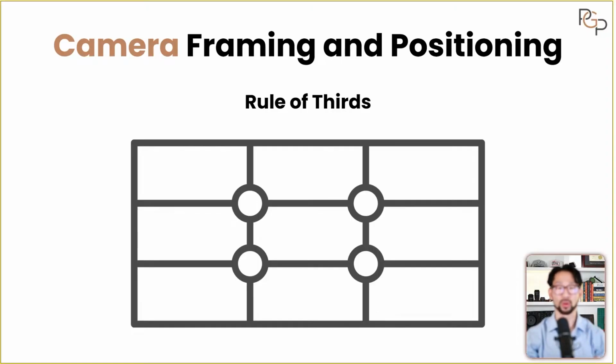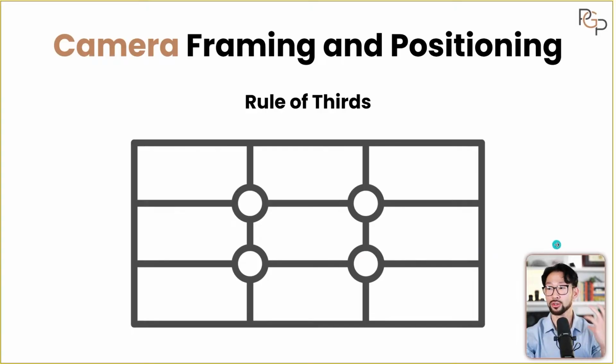The reason for this is that human perception and the human mind has a tendency to favor this rule of thirds. So these circles that you see here are generally where attention naturally goes. If you want the most engaging photo or video, you generally want your main center of attention to be around one of these 4 intersection points.